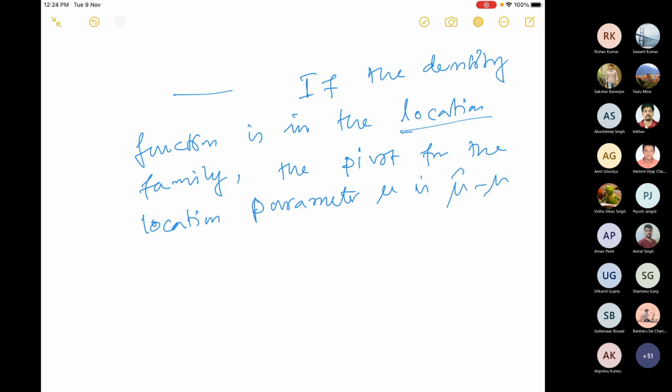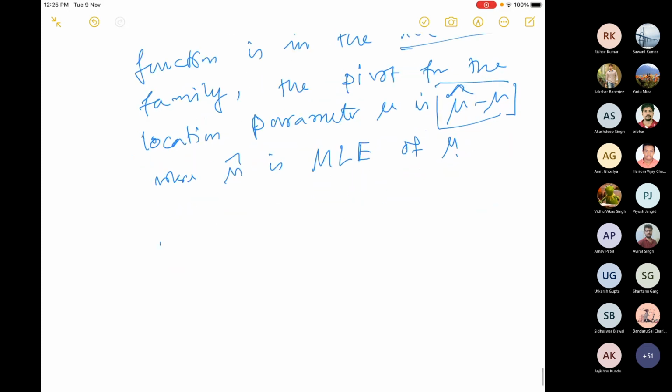So this should be a function of x1, x2, xn and mu. Here mu hat is the maximum likelihood estimator of mu. So directly we know what the pivotal quantity is here.